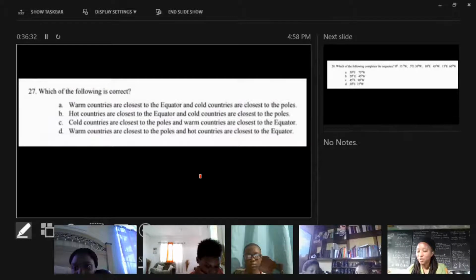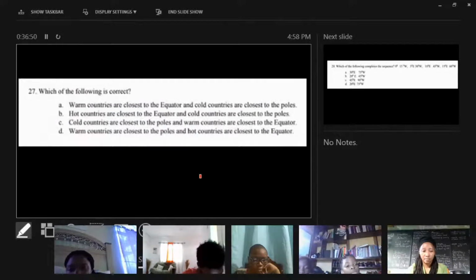All right, Madison, number 27. Which of the following is correct? A. Warm countries are closest to the equator and cold countries are closest to the poles. B. Hot countries are closest to the equator and cold countries are closest to the poles. C. Cold countries are closest to the poles and warm countries are closest to the equator.